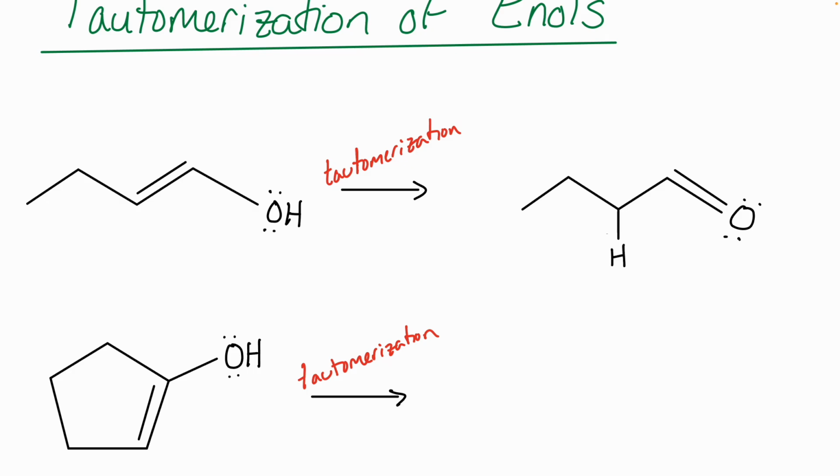From a bond line structure perspective, you're allowed to leave your hydrogens implied, so I can just delete it altogether. Importantly, this hydrogen does move over to this carbon after that carbon-carbon double bond gets broken. We can keep track of our number of hydrogens. We can convince ourselves that in this structure there's only 1, whereas in this structure now there's 2, so I haven't lost any hydrogens in this process.